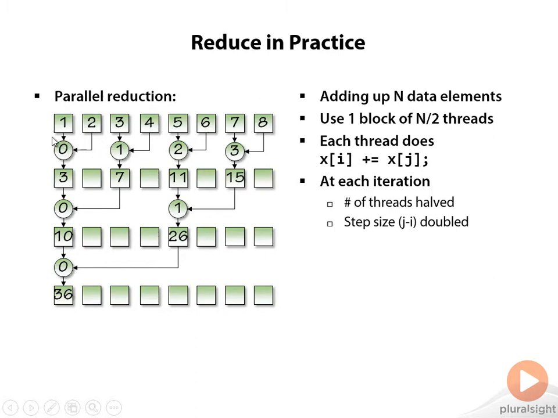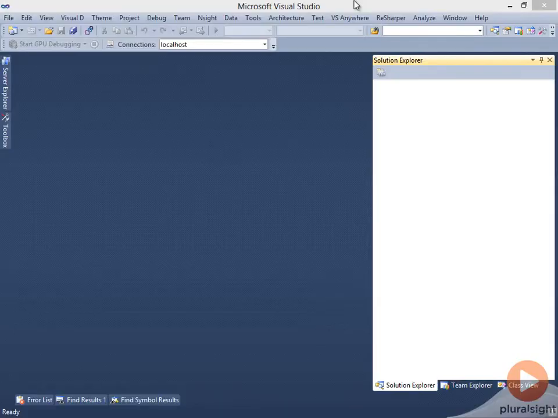So here it's 1, and then it gets doubled, so it's 2, and then it gets doubled again, so it's 4. And surprisingly enough, if you do this operation a sufficient number of times, it actually gets you the final result, and the final result appears at the 0th location in the array. So let's take a look at how that would actually work on the GPU in code.